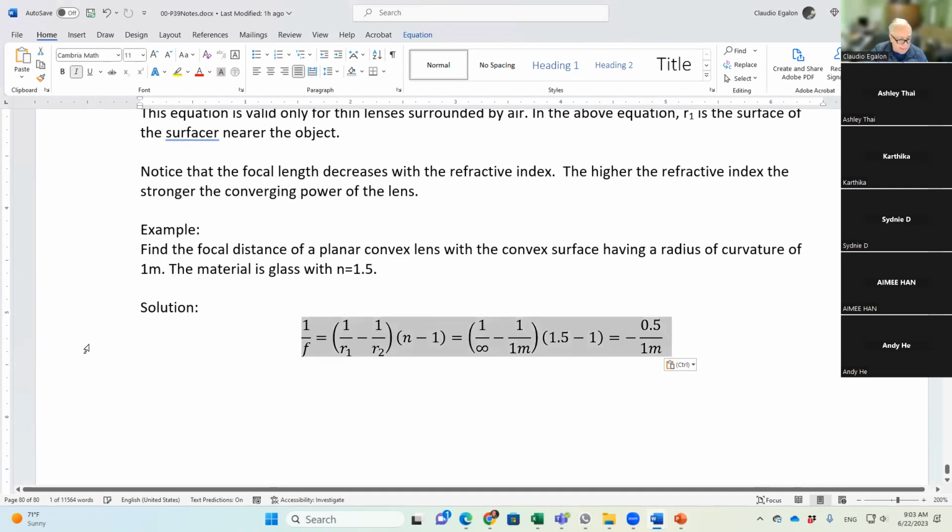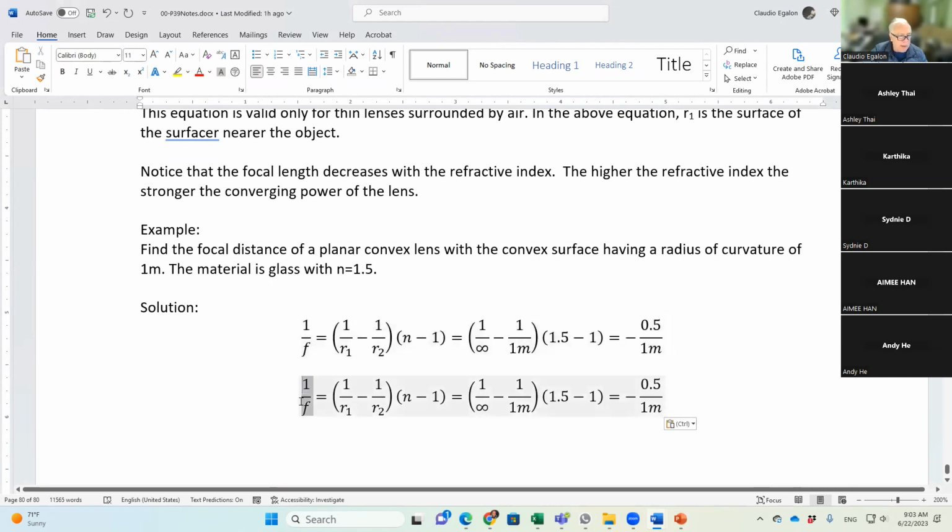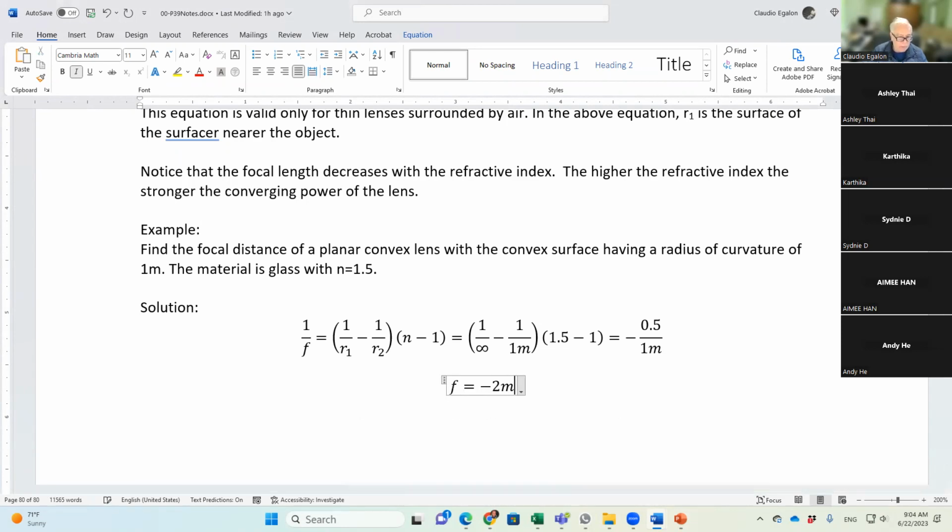Then, according to this equation, I end up with a focal distance equal to the inverse of half, which would be 2 meters.